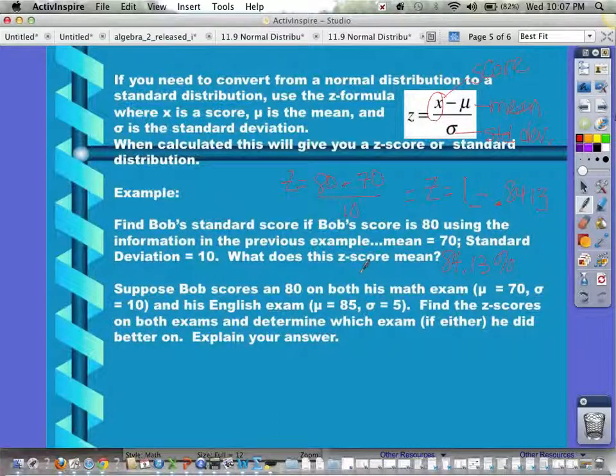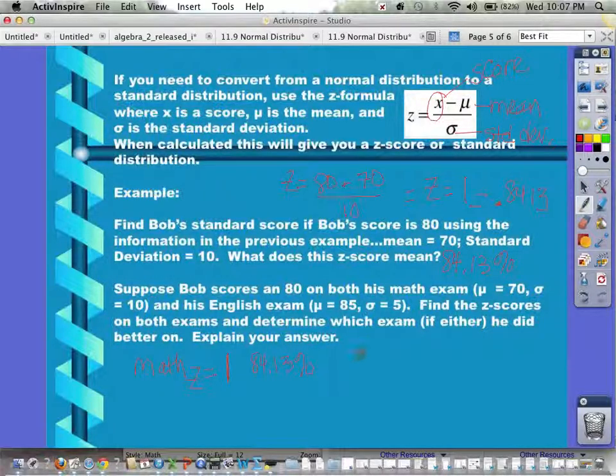So let's calculate this. We've already got the one for the math exam. It's the same information we've got here. So his Z score on math was a 1, okay, which was 84.13%.